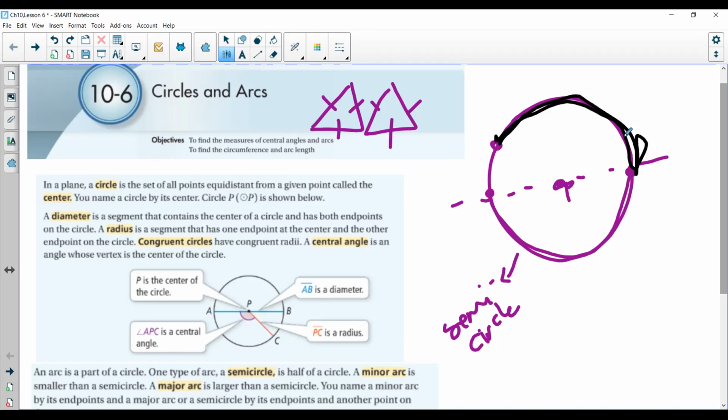Is it right? Is it smaller than it? Yes.